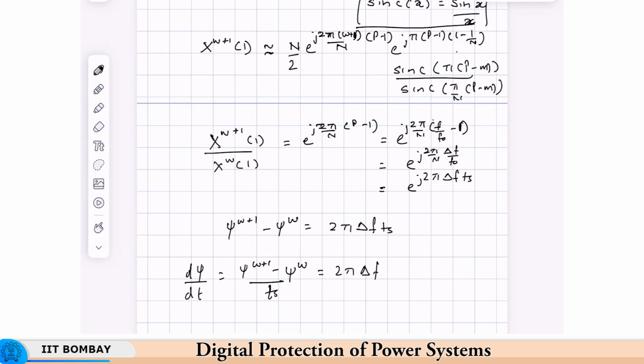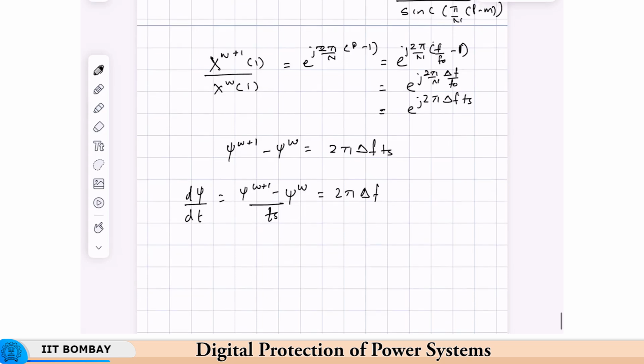Since this kind of differentiation is difficult, what is usually done is that this angle difference is accumulated to some value, say 0.5 radians or so, and the time to accumulate that is noted.